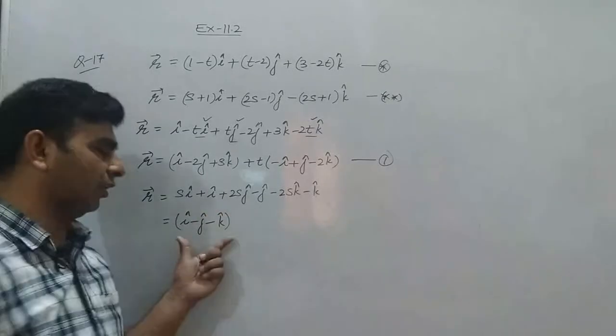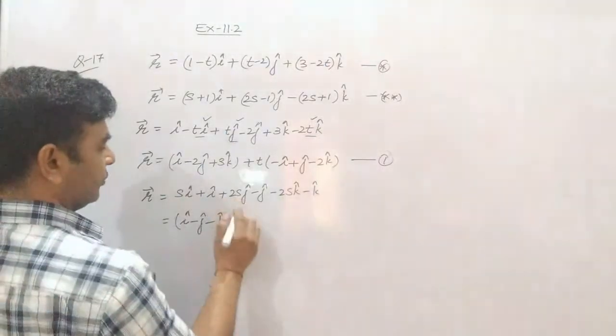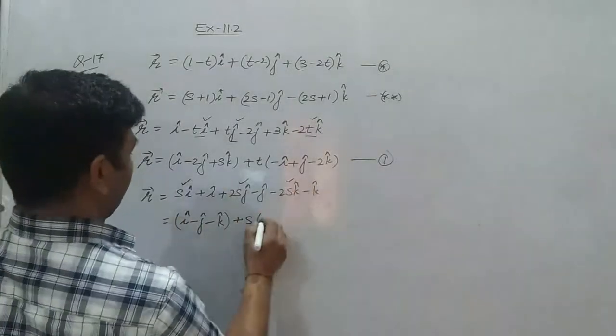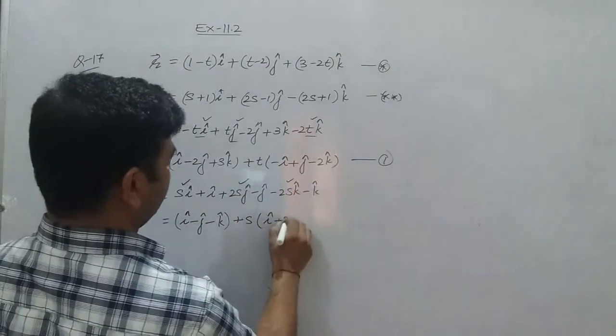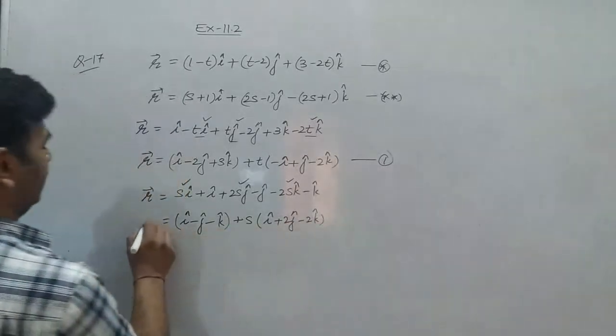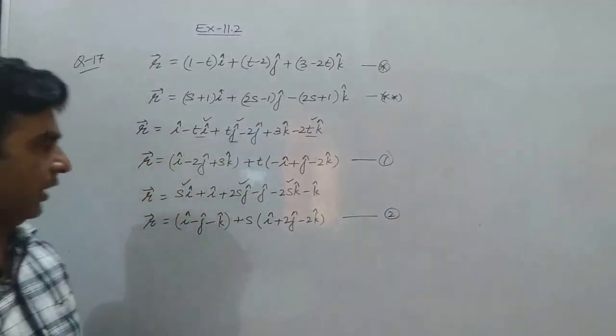The term which is not involving s is written together, and the remaining terms, by taking s common, we can write like this: i cap plus 2j cap minus 2k cap. So this is your second equation of line in standard form as a plus lambda b.